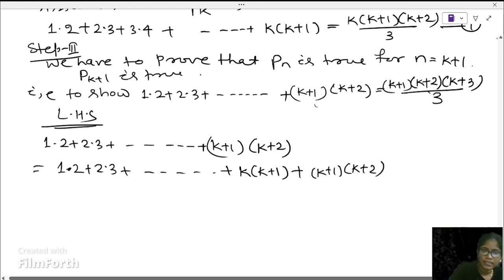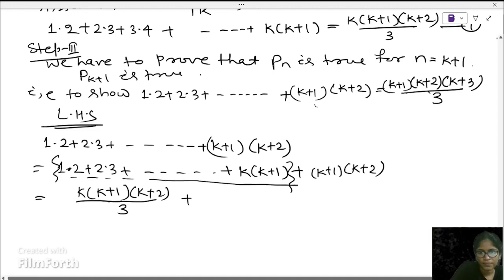From equation 1 we will put k into k plus 1 into k plus 2 divided by 3 for the sum up to this value, plus k plus 1 into k plus 2.